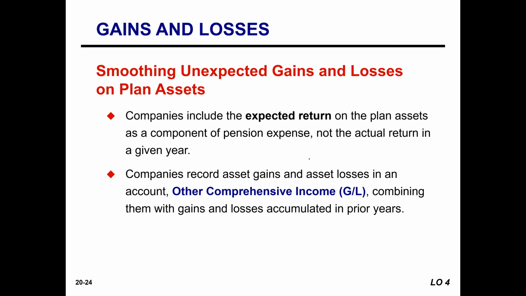I mentioned that companies can smooth these ups and downs. Companies record asset gains and losses in an account, other comprehensive income for gains and losses, combining them with gains and losses accumulated in prior years. That helps again to smooth out the ups and downs over the life of the pension obligation.